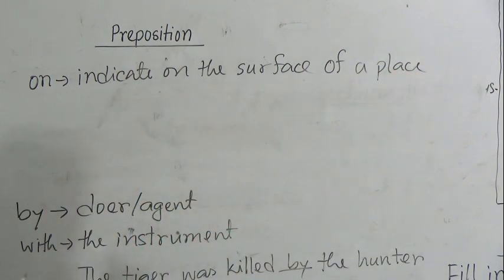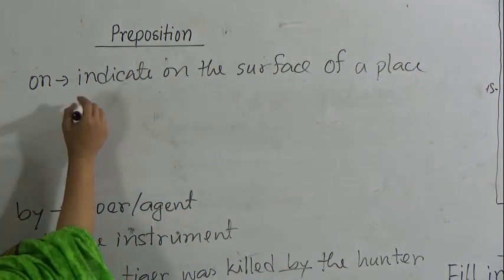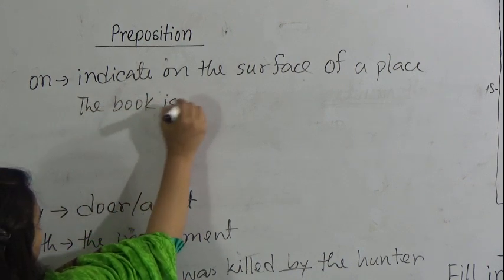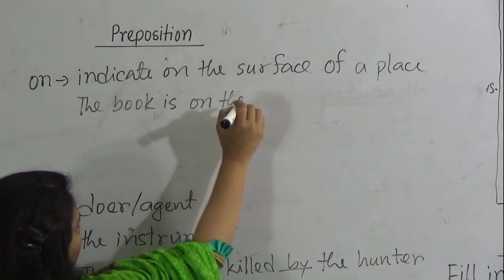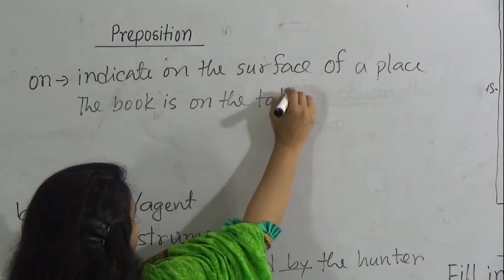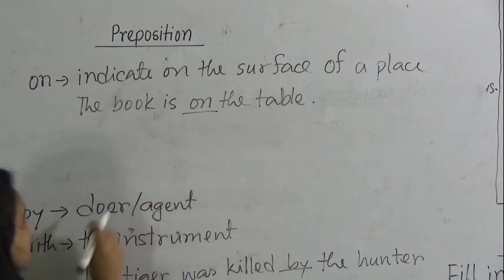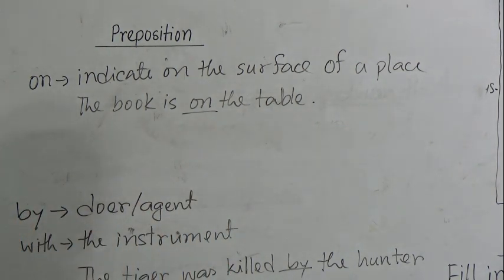Like, the book is on the table. That means the book is on the surface of the table.